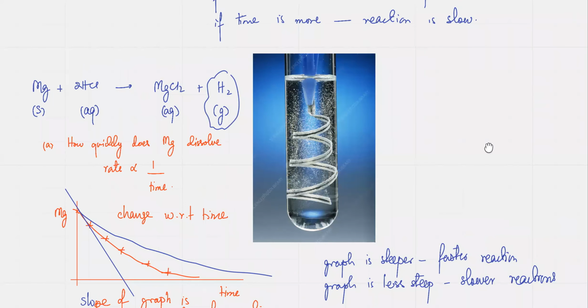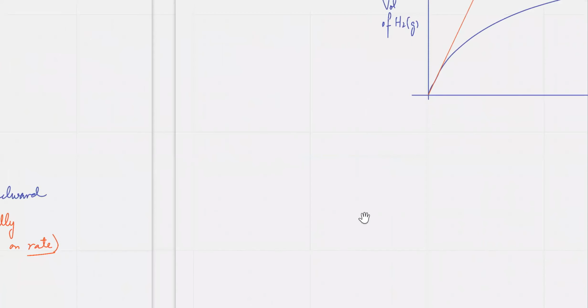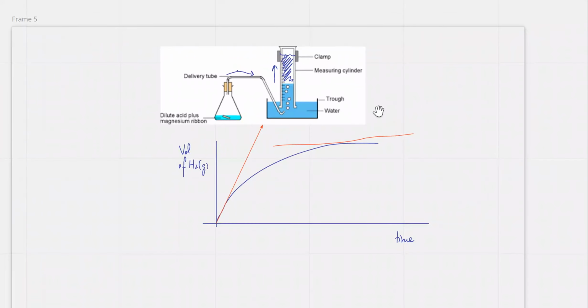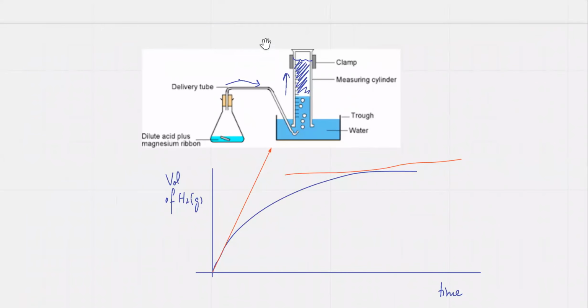Another thing that we can do about Mg plus HCl is plot the volume of H2 gas that's forming. Again, it's a change that's happening. Initially, there would be no H2 gas, and over time there's going to be more and more H2 gas formed.